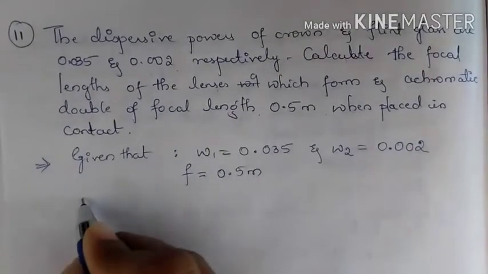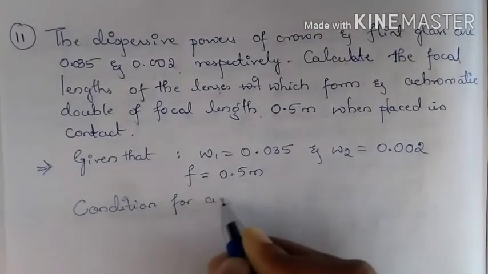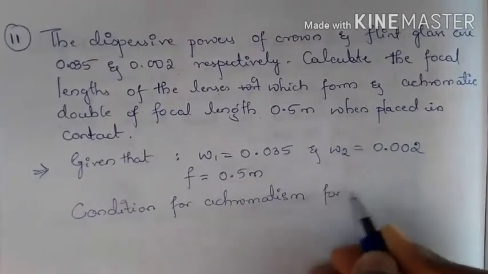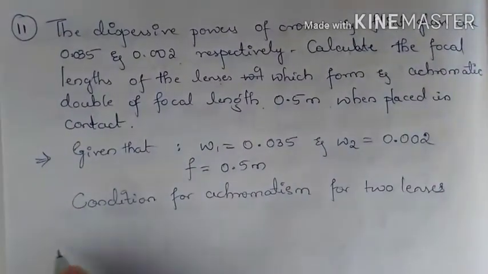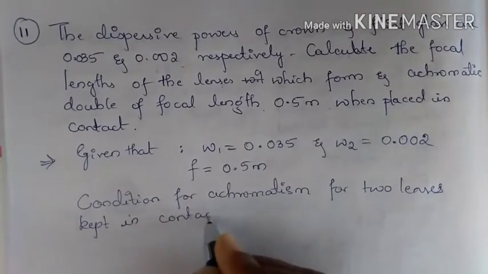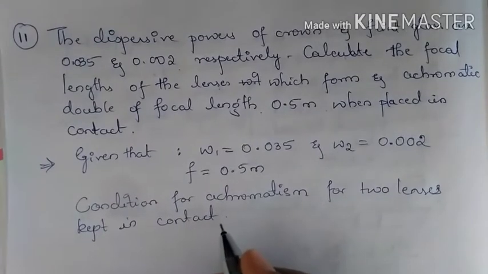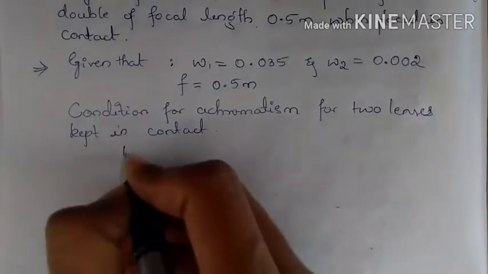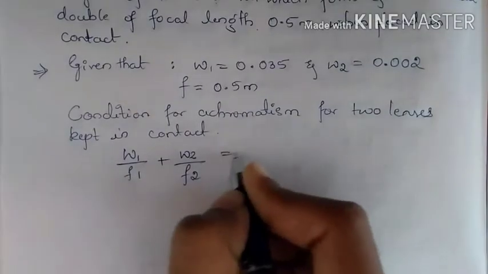The condition is omega 1 divided by f1 plus omega 2 divided by f2 is equal to 0.